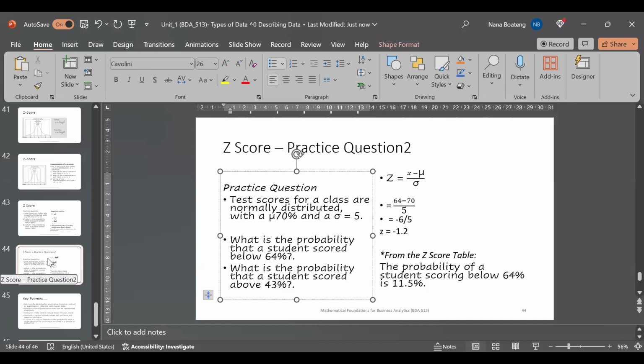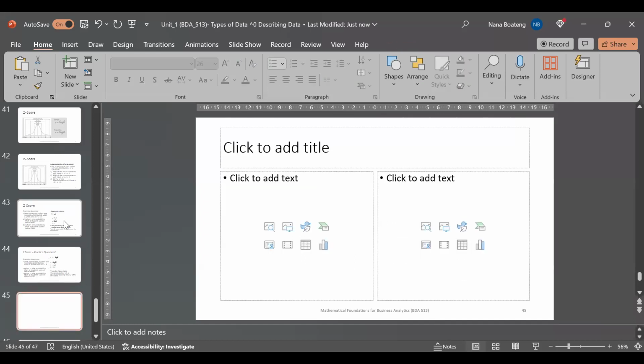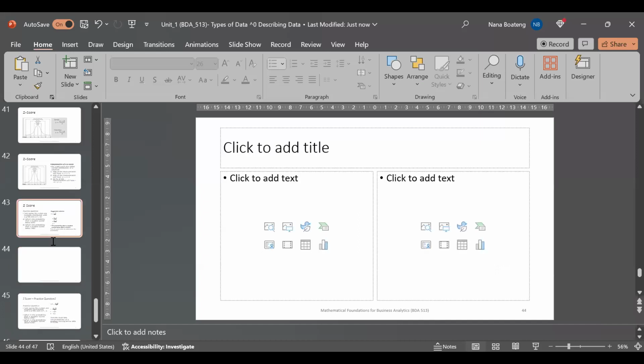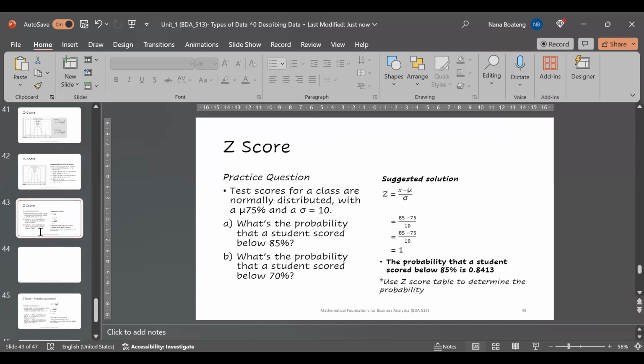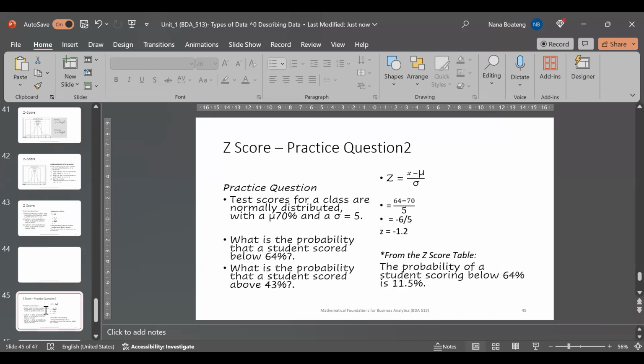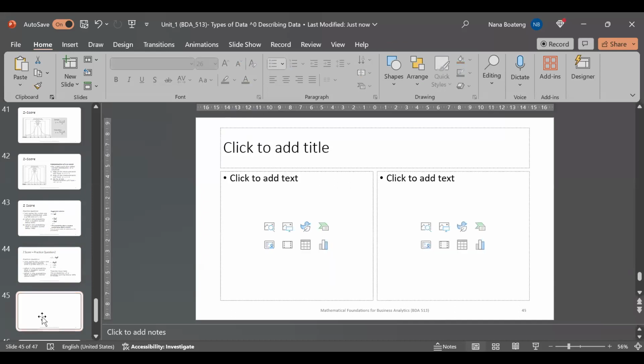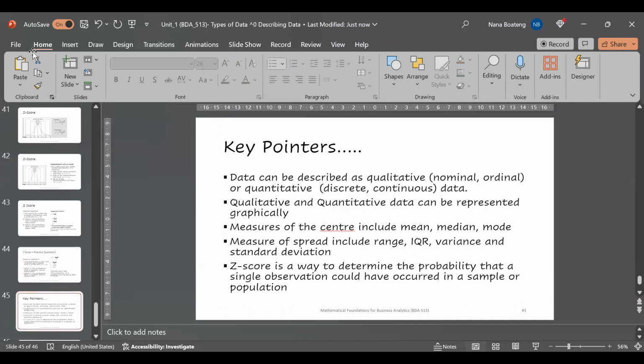So let me just create another one here. Where is the 43%? So let me just copy this on its own.